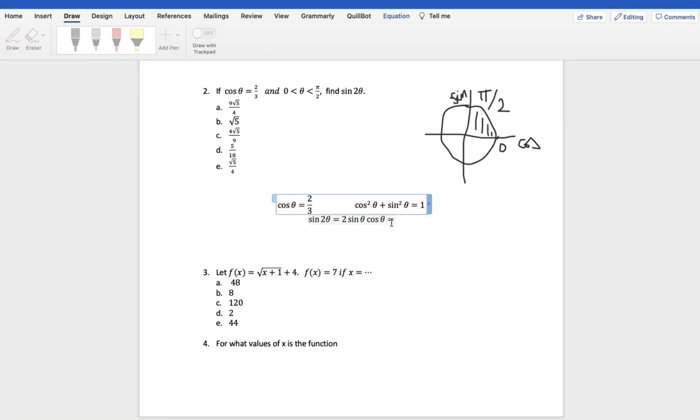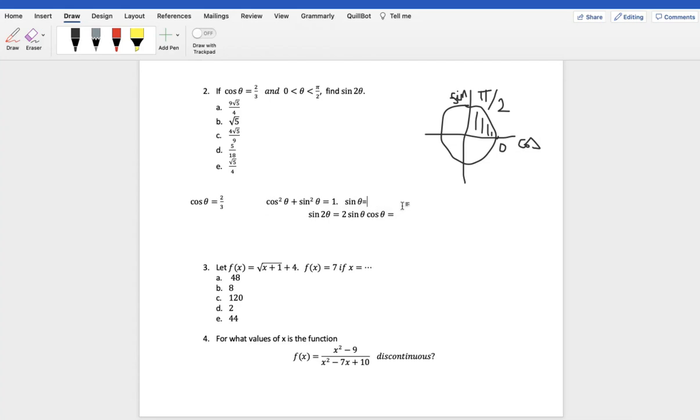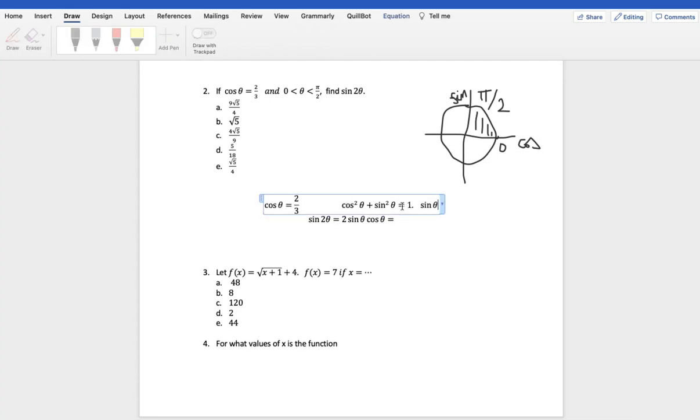Meaning that if you were to try to express sine in terms of cos, sine of theta is equal to the square root of 1 minus cos squared of theta.